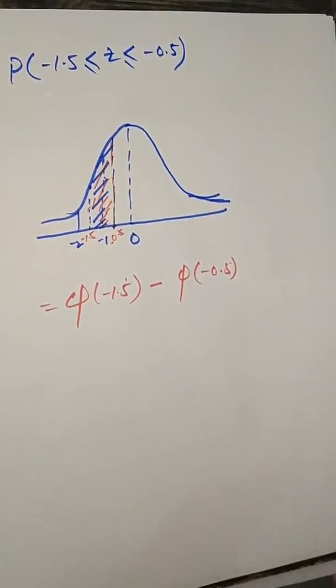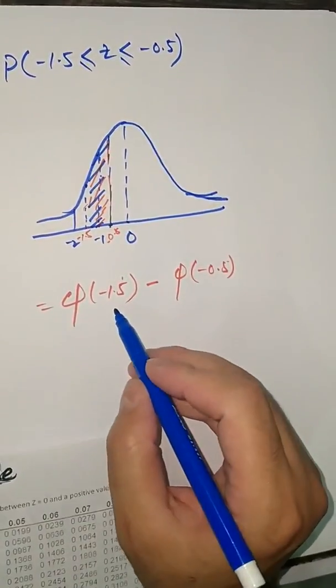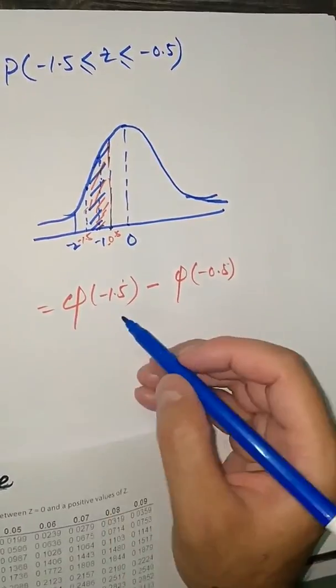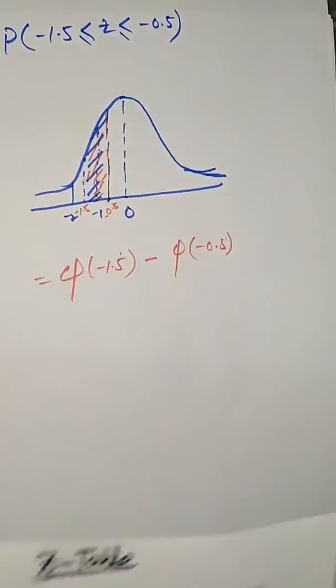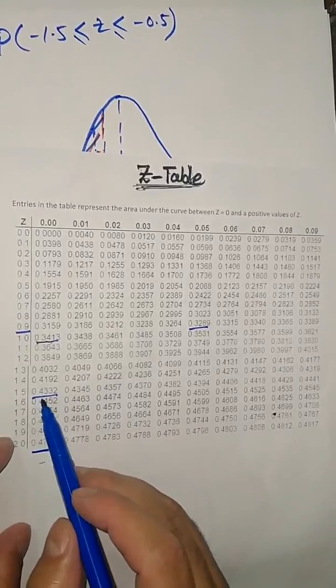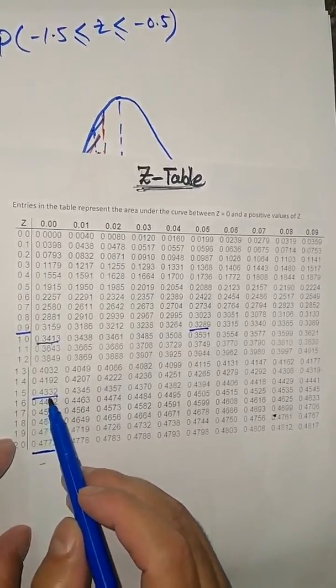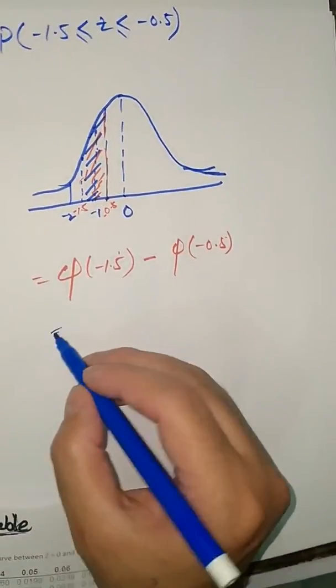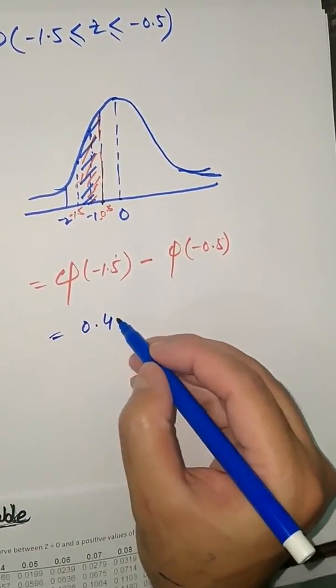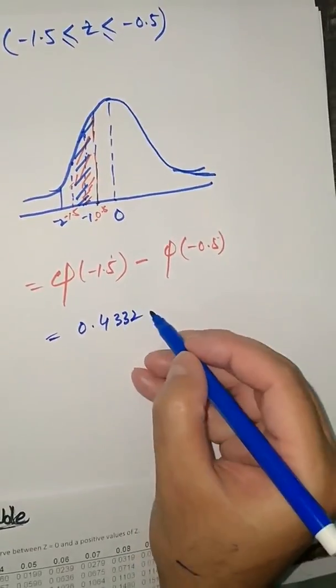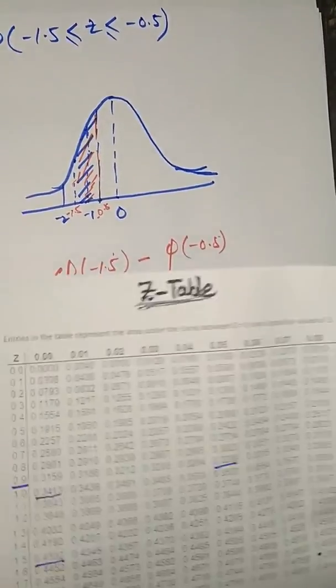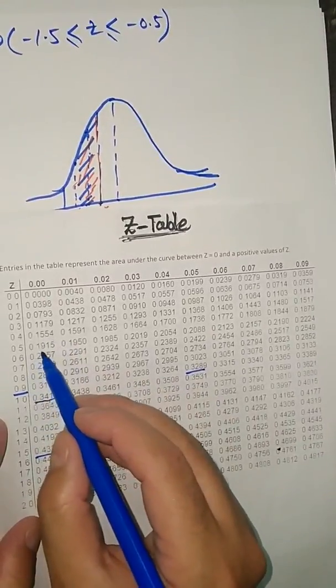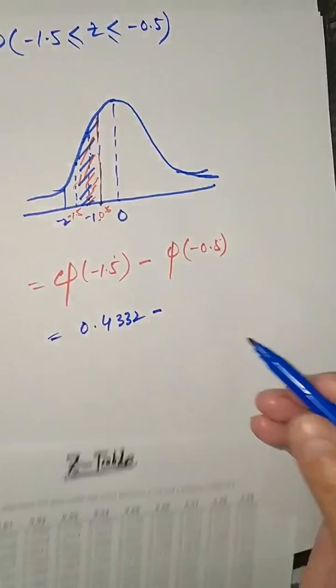So again using the z table, when z is equal to 1.5, its value is 0.4332. And when z is equal to 0.5, that is equal to 0.1915.